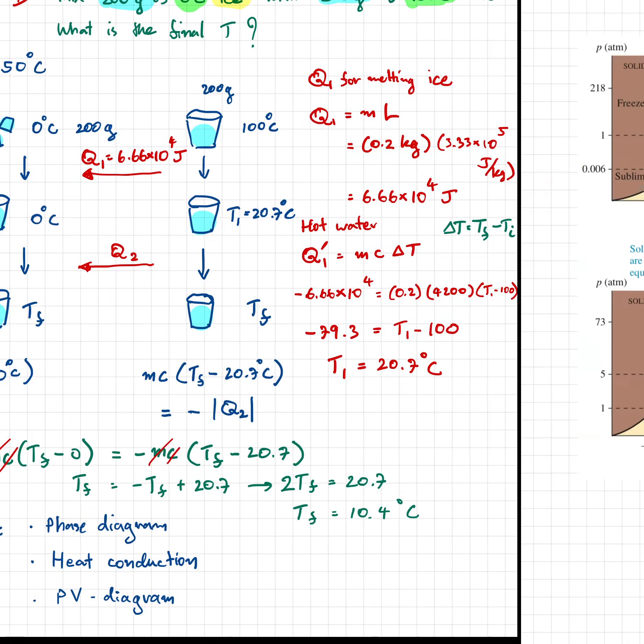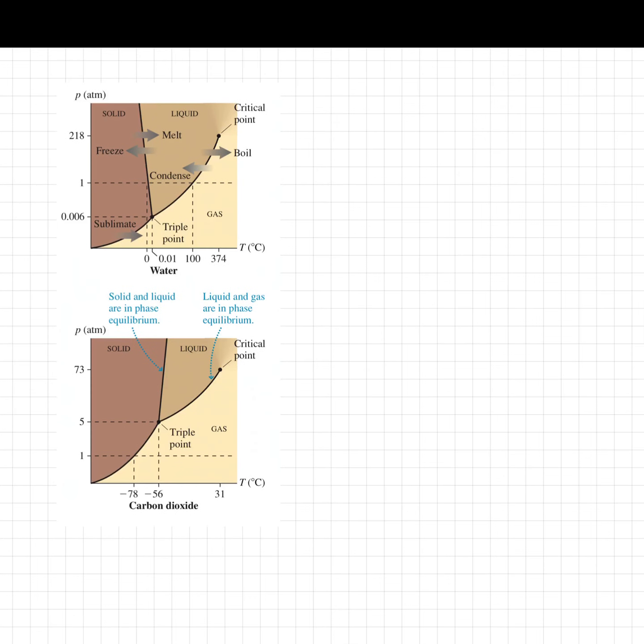All right, so let's talk about the phase diagram. So the phase diagram is kind of like a map that shows you how a certain type of material can change phase, and we're gonna see where that happens, in terms of pressure or temperature.